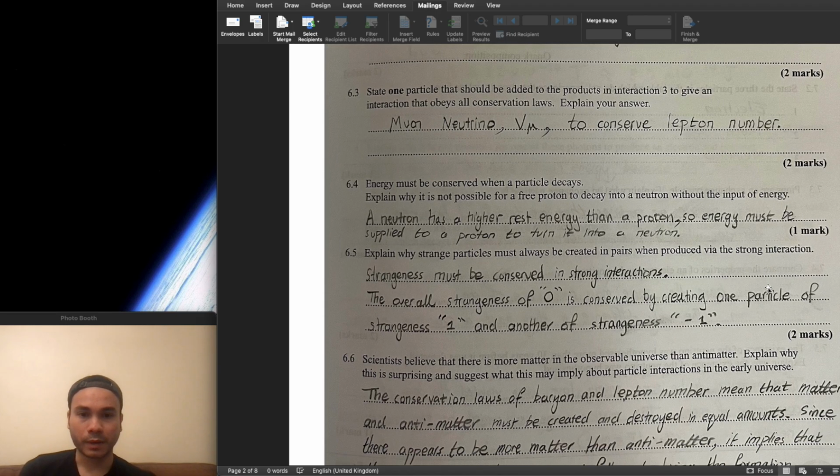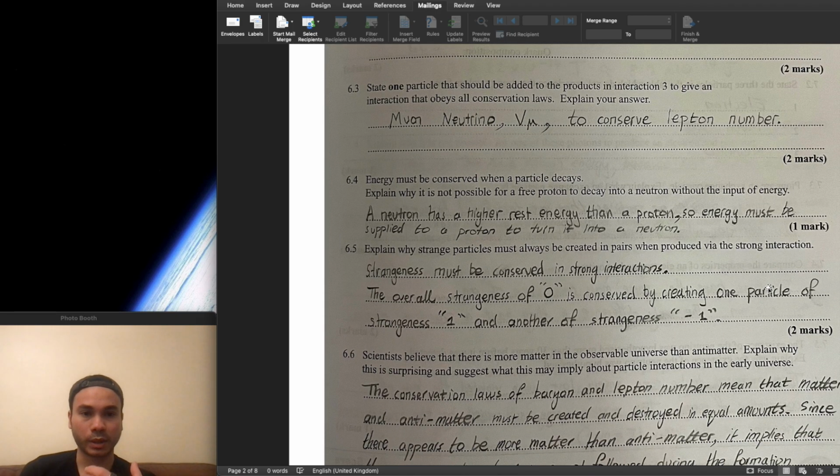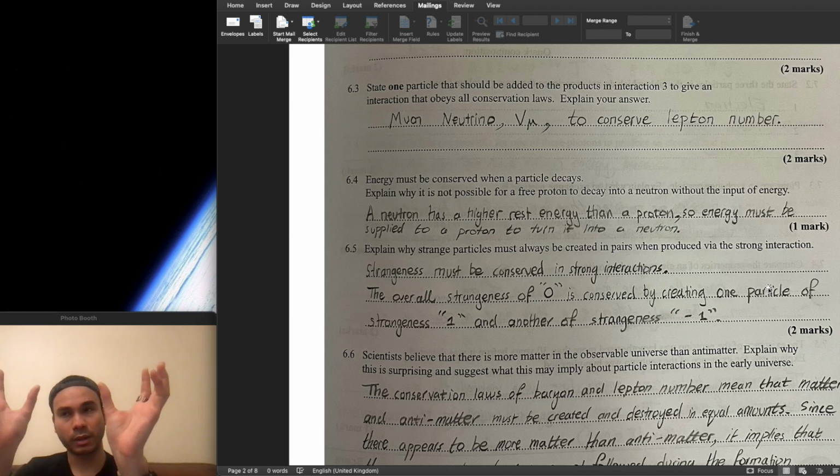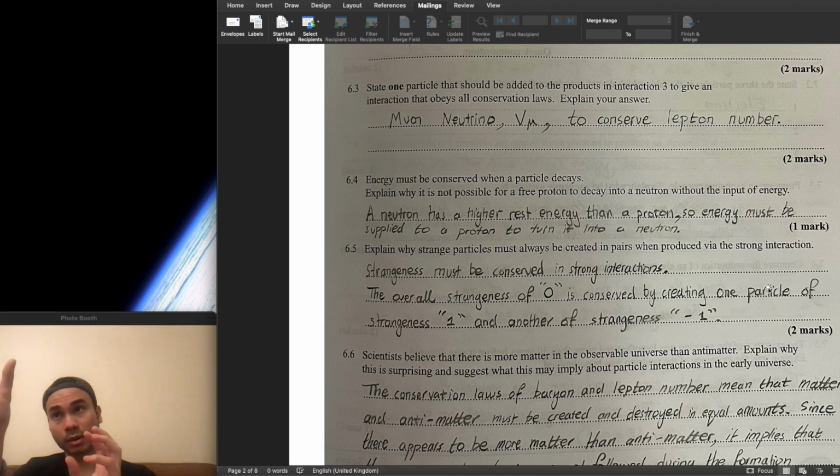Right, 6.5, explain why strange particles must always be created in pairs when produced via the strong interaction of the strong force. This is what I said in my lesson, that in the strong interaction when you're producing these heavy kaons, if you start off with 0, when you make a pair of these kaons, one with a positive strange particle and an anti strange particle, that +1 and the -1 are going to cancel out.